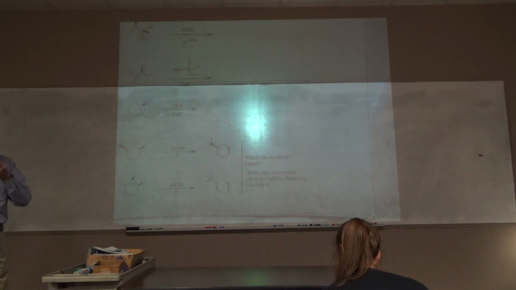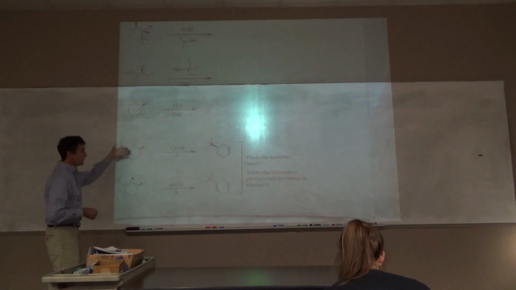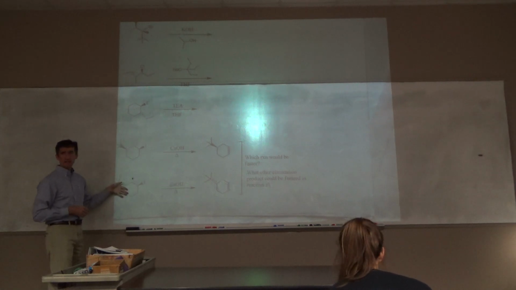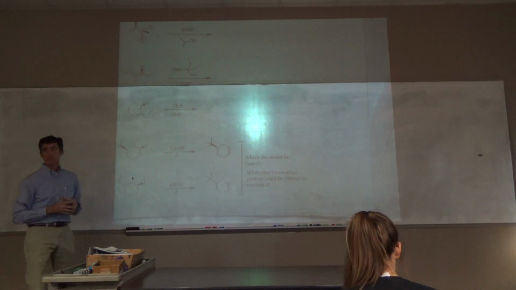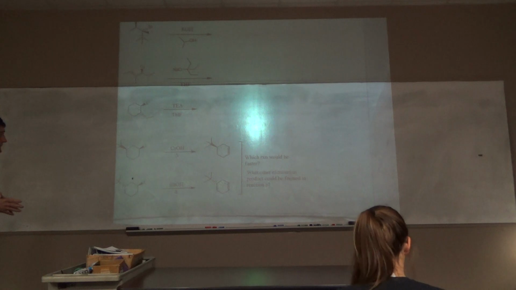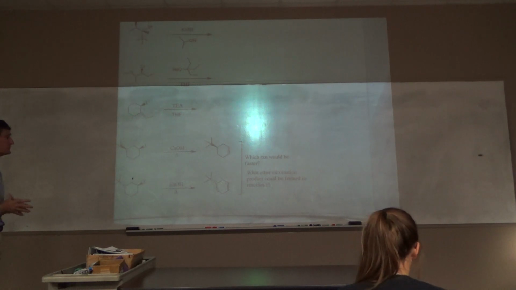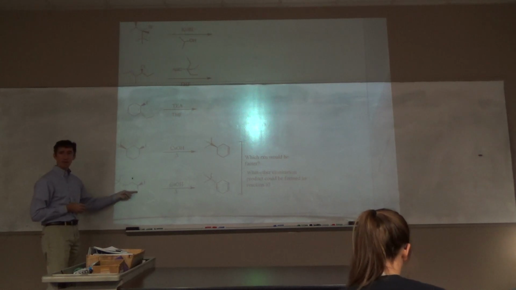Anticoplanar, but the iodine must be axial for that anticoplanar to be achieved. The question is really, which one of these is most likely for the iodine to be axial? If you draw chair conformations and assess that, you will see that I think this one is going to be more likely for the iodine to be axial.